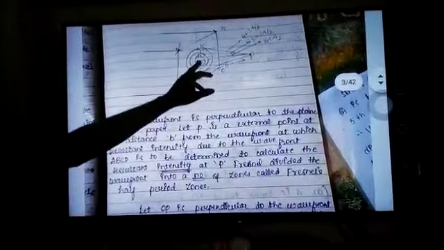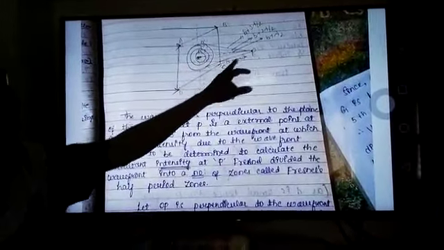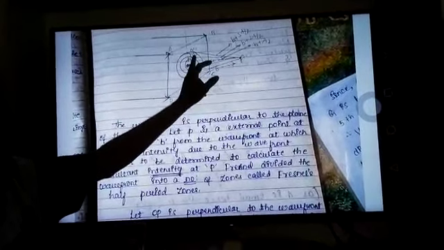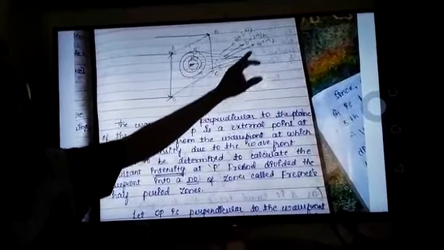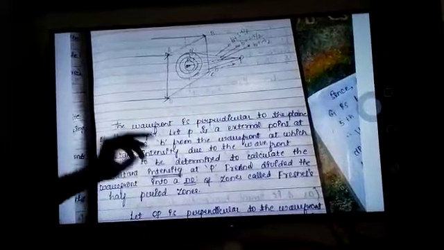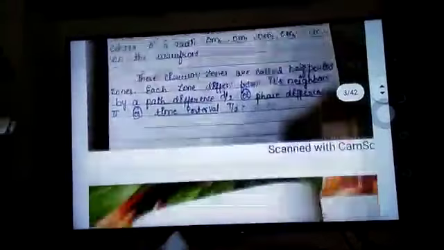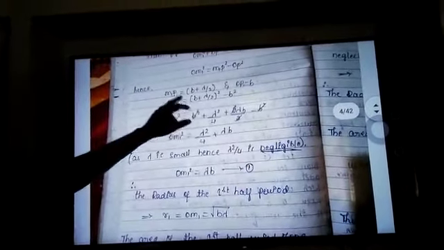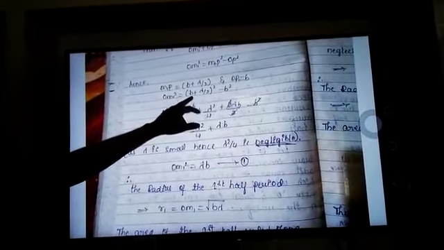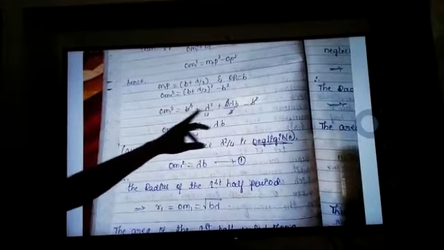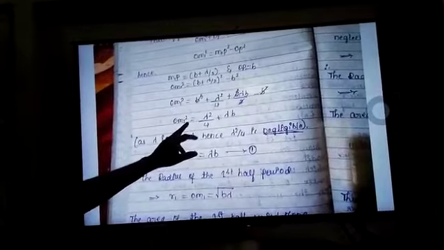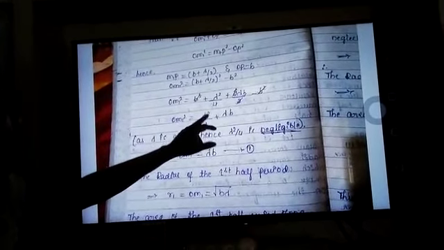Substituting the values, OM1 square is equal to b lambda plus lambda square by 4.